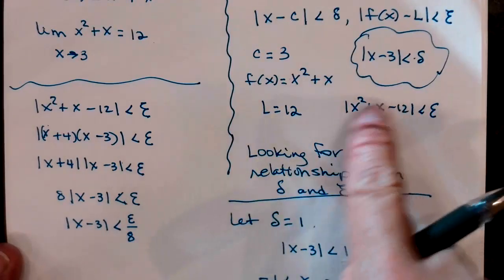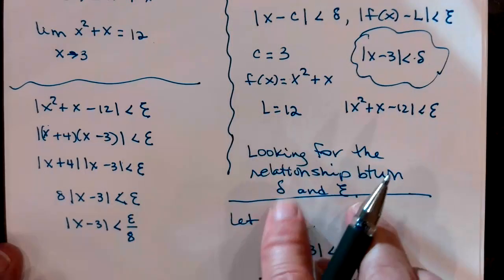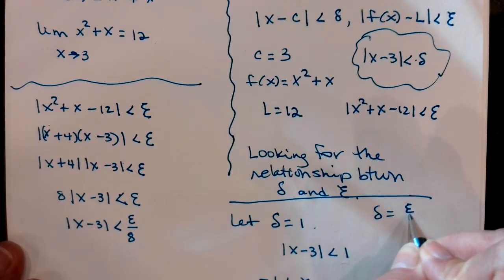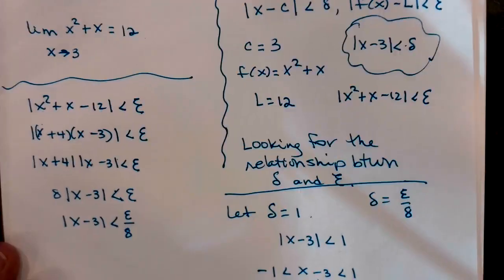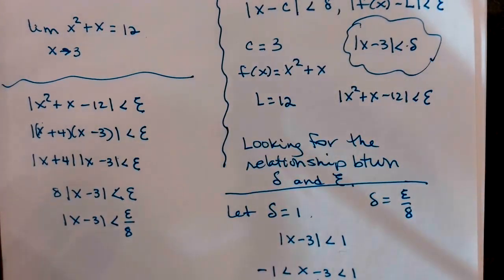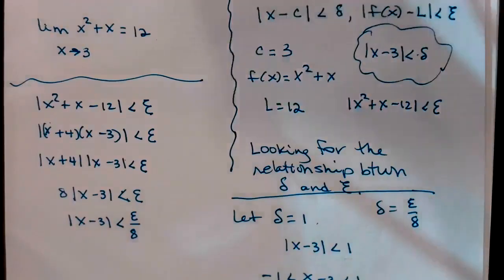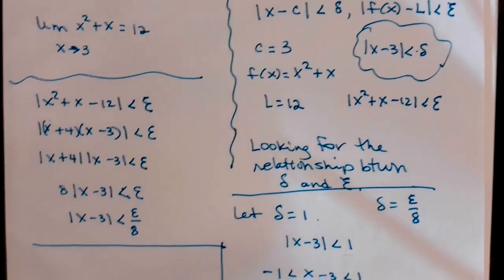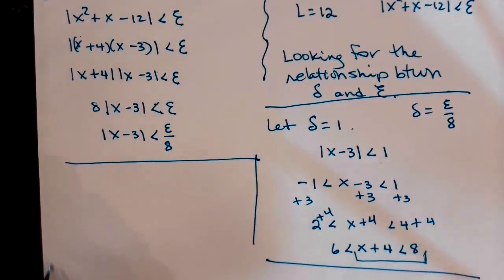Okay, so now I have that relationship between delta and epsilon: delta equals epsilon over 8 or 1. Here's the kind of hand-wavy part. Here comes the proof, and now we're working it backwards. We're going to let delta equal the smaller of 1 or epsilon over 8.